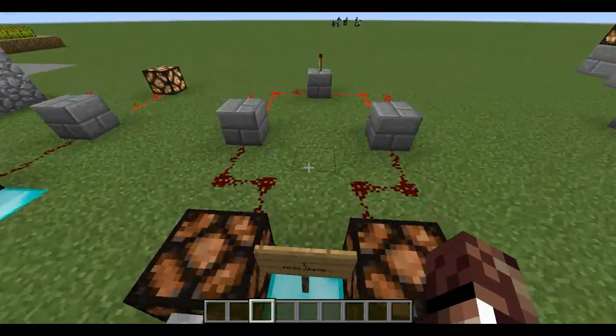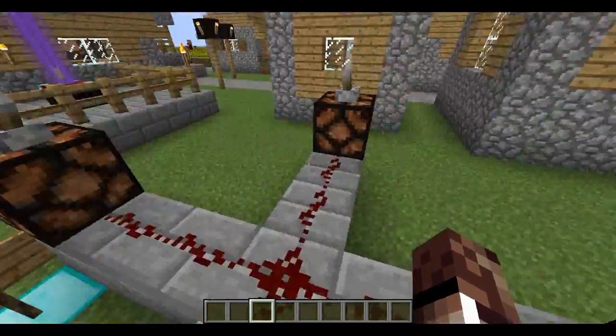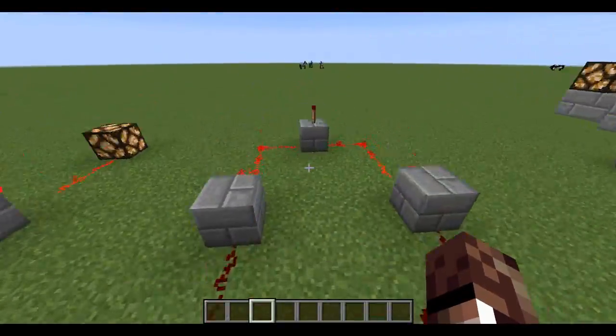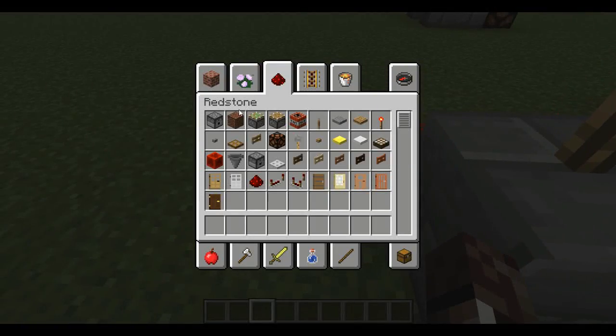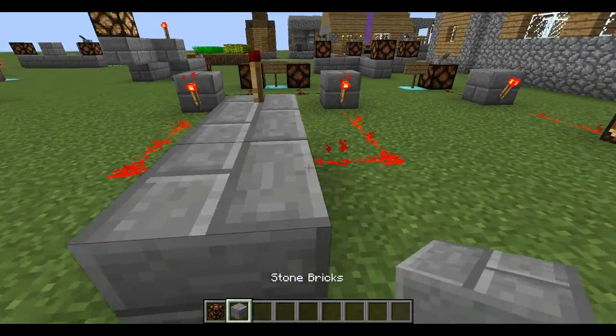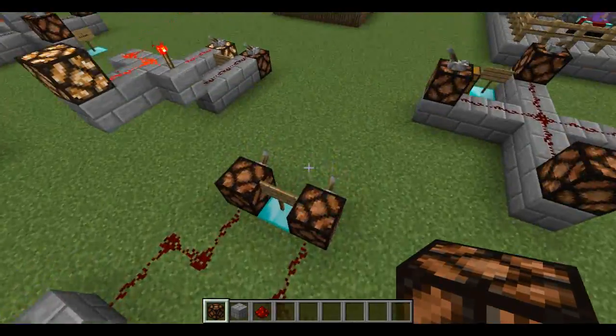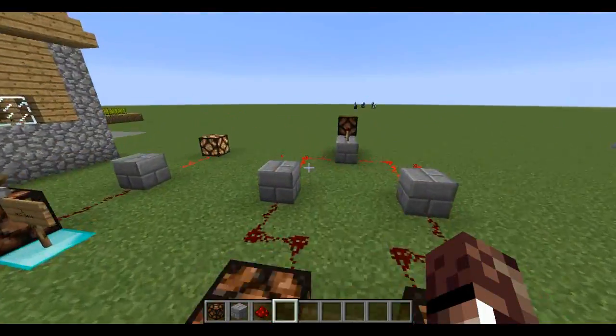Okay, I'm going to grab one more redstone lamp just for the sake of the show, and put that there. Okay, so now we can see stuff for real.